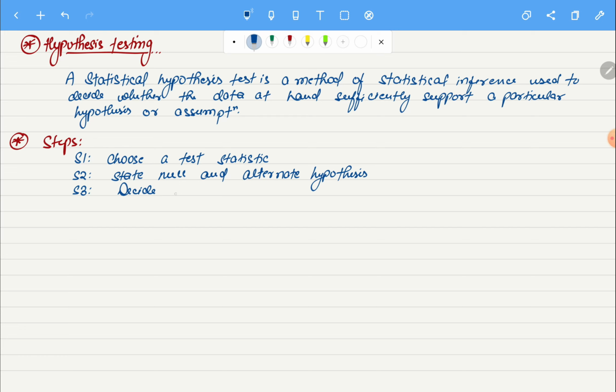If you don't know about null hypothesis and alternate hypothesis, if you don't know about level of significance, don't worry, we will discuss about all these things. And in step 4, we will perform the test. We will draw out samples, we will calculate p-value and things like that. And at the end, we will decide whether we have to reject the null hypothesis or we should not reject the null hypothesis based on the p-value and significance level.